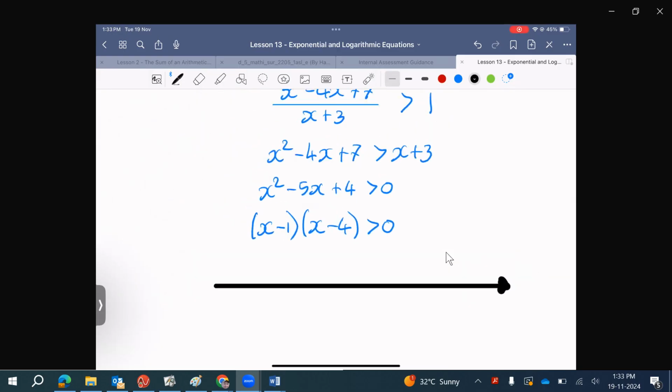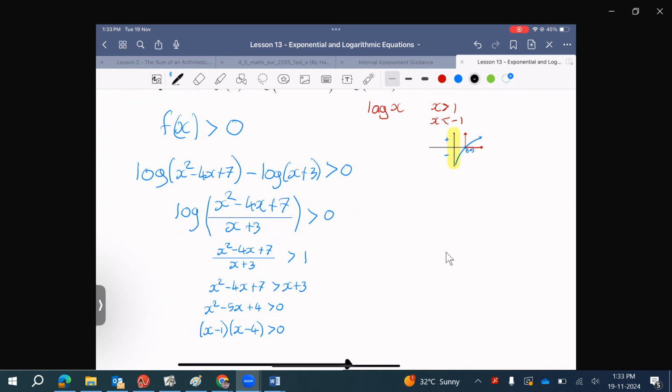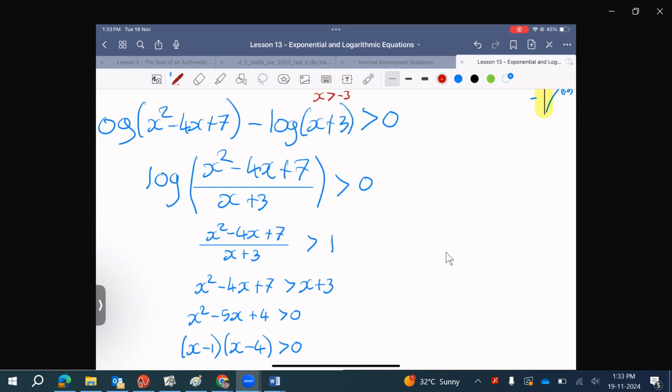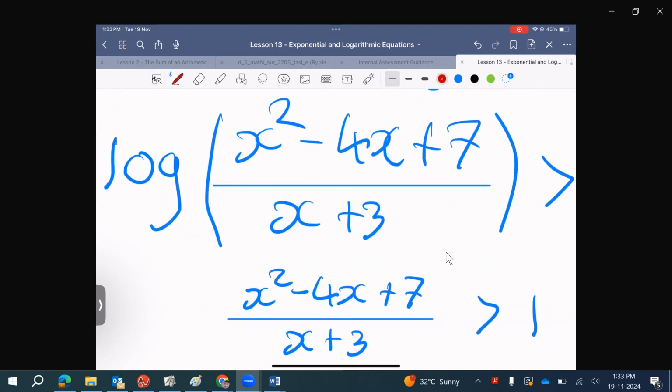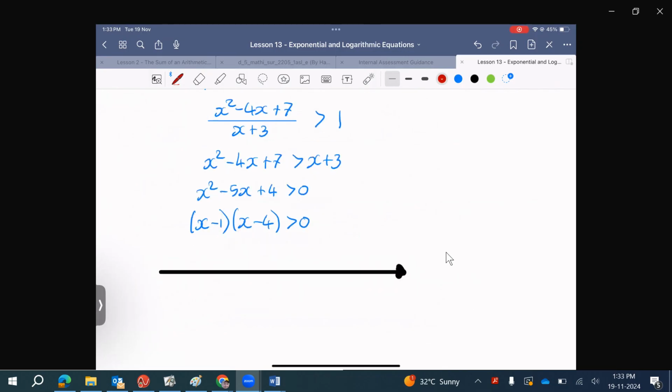Okay, so what is the domain of our equation? Well, we can see here that x has to be bigger than negative 3. And this numerator is going to flip in 2 places, so I'll leave that one off for now.